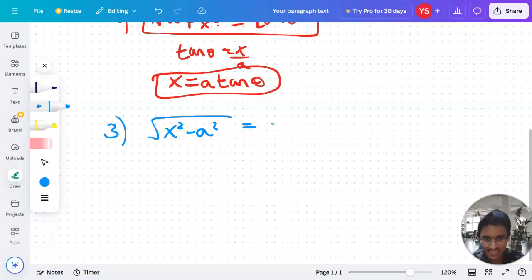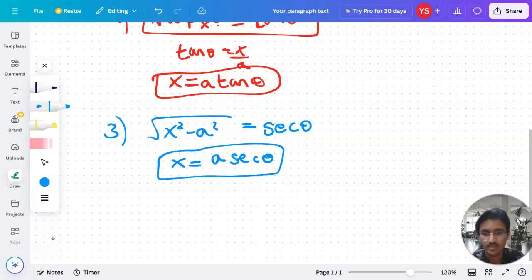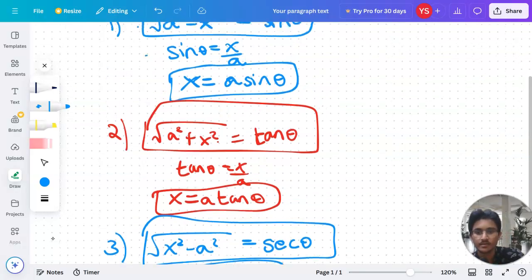We're going to be using secant theta. So if you looked at the pattern from the previous two, we're gonna say x equals a secant theta. Guys, I just shortened the steps from above, but you get the idea, right?